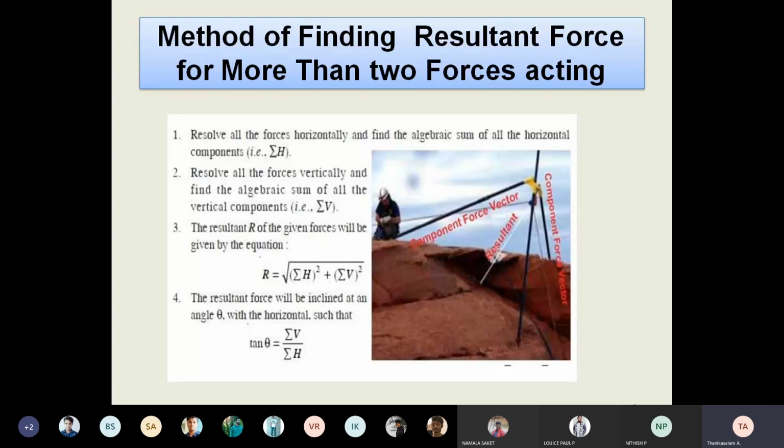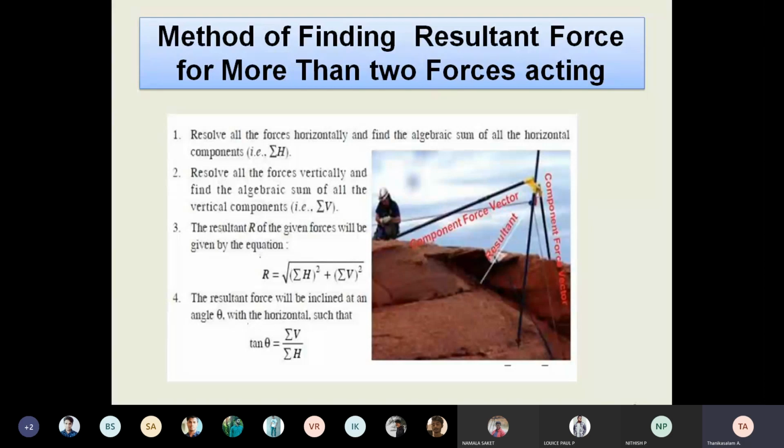What is summation of V? Adding all vertical forces. In the previous slide I showed how to resolve: based on resolving, you convert to x or y direction. You add all the vertical forces, take the square, then the square root. Theta is the resultant direction: summation of V divided by summation of H.